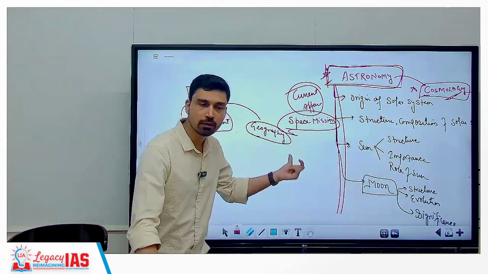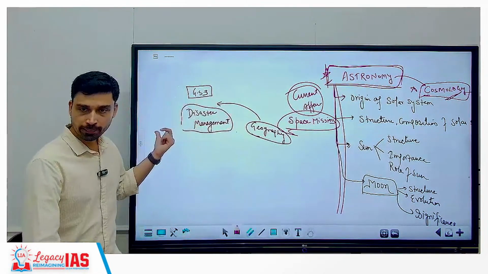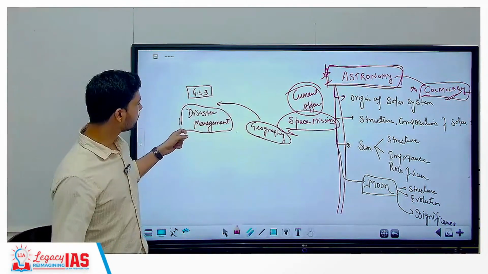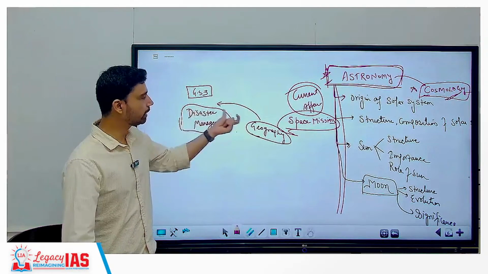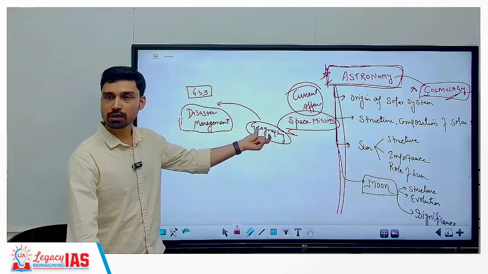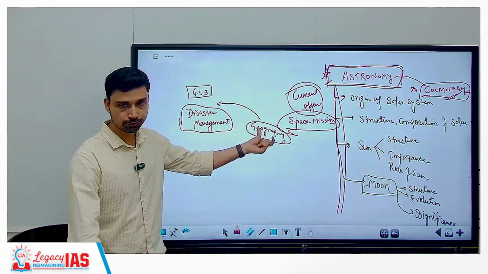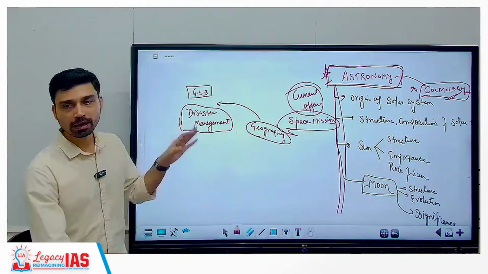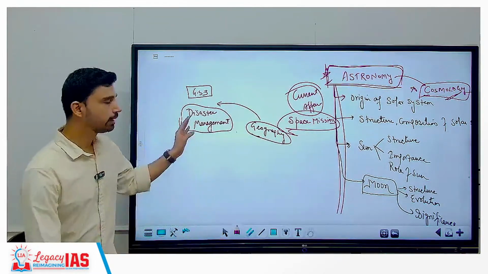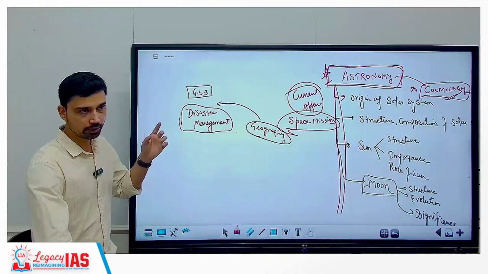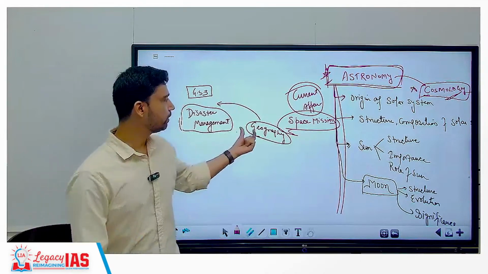In geography, and the management of the disaster we have to study separately. But can you understand disaster management without understanding disaster? No. So the disaster concepts we will study in geography. And then how India manages, the mechanisms and institutions the Government of India has put in place to manage disasters, we will study in internal security. Understood?